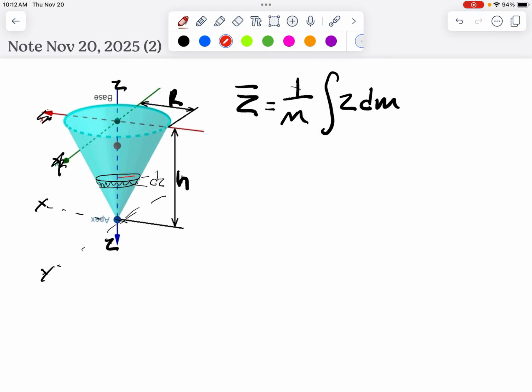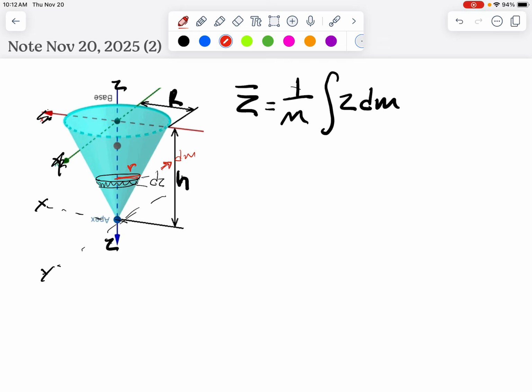And they've got a radius, which we'll call little r. The mass of that slice is going to give us our little dm. So our little mass element is going to be thin circular discs of this cone.